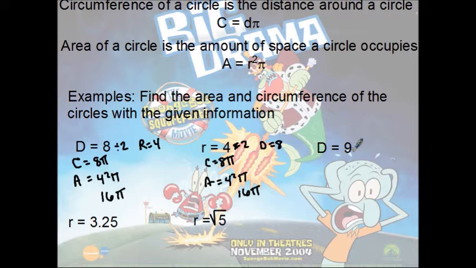For our next one, circumference is the diameter times pi, so 9 pi. But for our area, our radius is going to be half of the diameter, which is 4.5, and let's plug that in. 4.5 squared times pi. That gives us 20.25 pi.